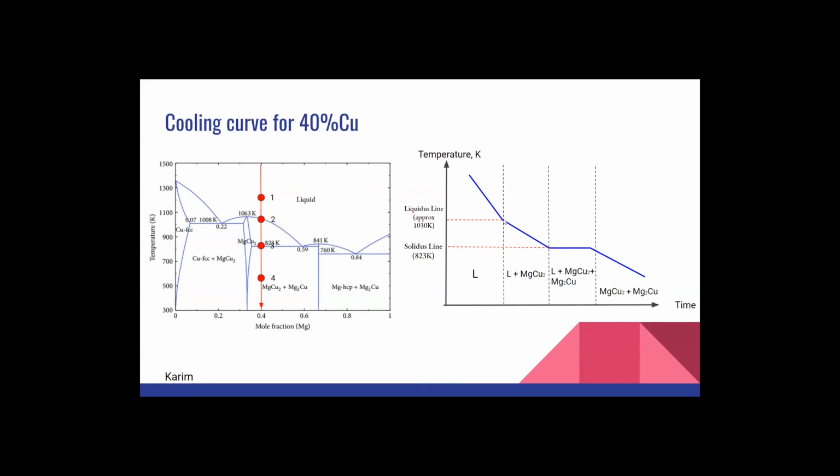Then it starts to melt down to 823 Kelvin in the region of liquid plus MgCu2. Then it goes in a constant line in the region of liquid plus MgCu2 plus Mg2Cu. Then it goes again, melting down linearly, to MgCu2 plus Mg2Cu.